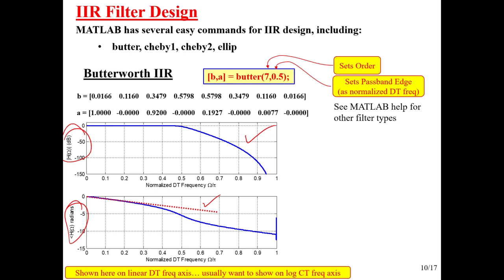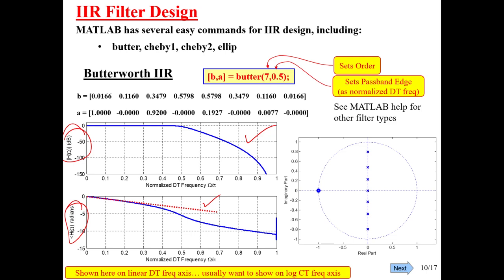But in audio, linear phase filters are not nearly as important as in things like radar and sonar and digital communications and scenarios like that. But there are some cases where you want linear phase in audio, in which case you're going to want to do FIR filters, but we're not going to focus on those too much.